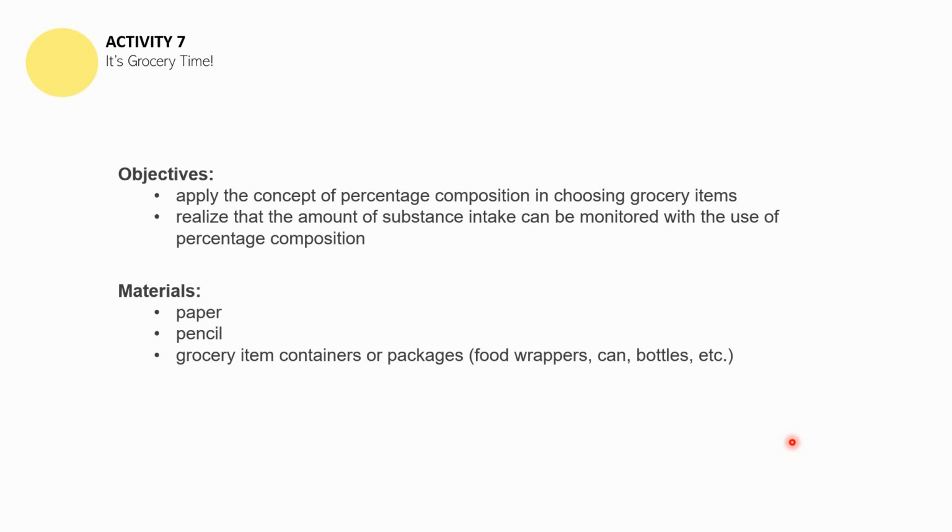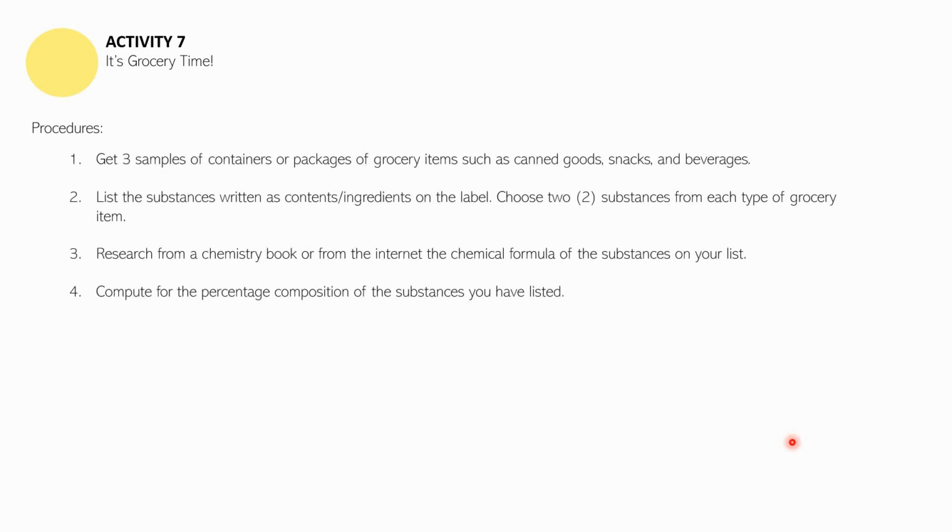Welcome back. Okay, so I hope na hindi ka naman ganong nahirapan sa paghahanap ng mga food wrappers, cans, bottles, at saka kung anik-anik pang mga dyan. Okay, so let's now proceed with the procedure. So first is you have to get 3 samples, or at most, get 3 sample containers or packages of grocery items such as canned goods, snacks, or beverages.